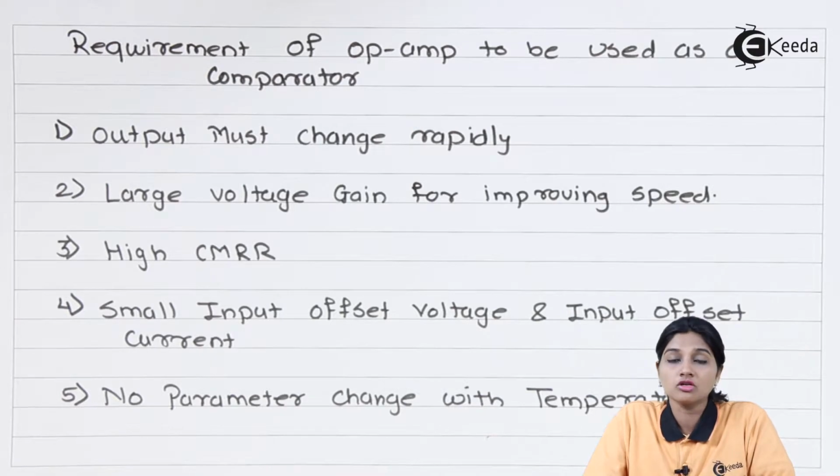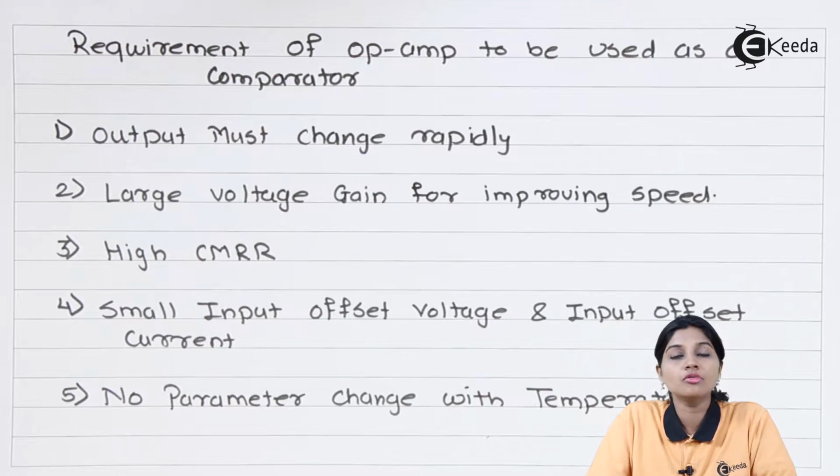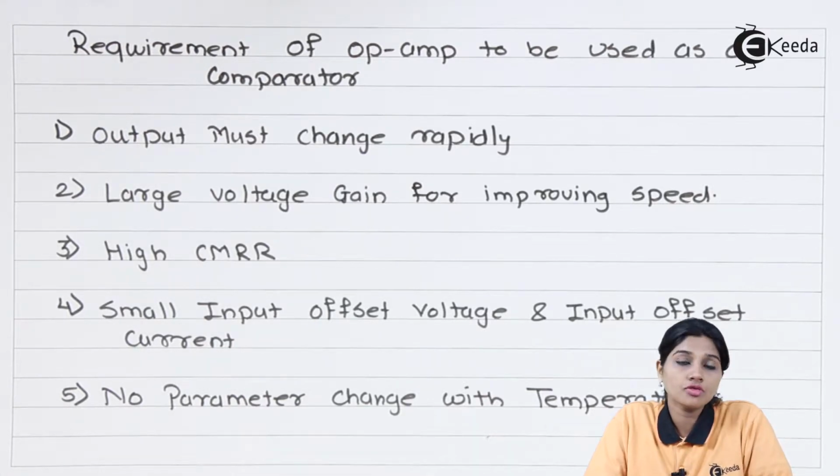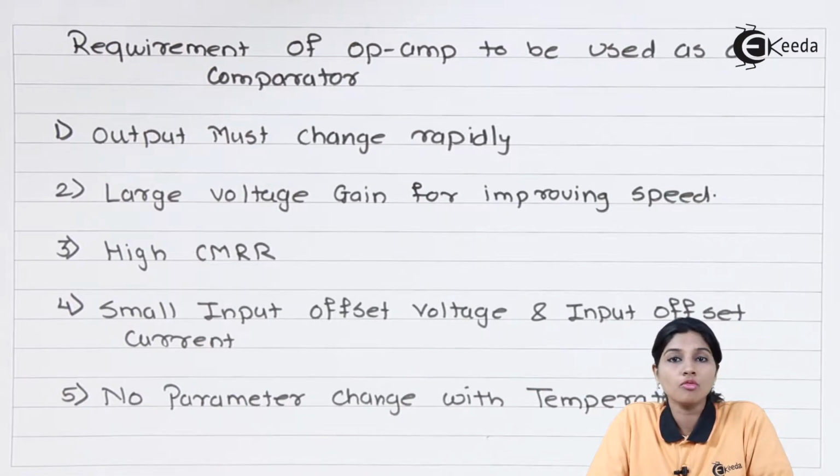Ideally, it is infinite. So even if there is a small change in the differential input voltage, the output of op-amp can reach either positive or negative saturation. Because of this reason, the op-amp in open loop configuration is not used for linear applications.